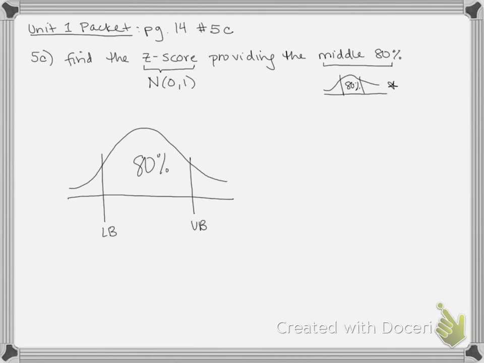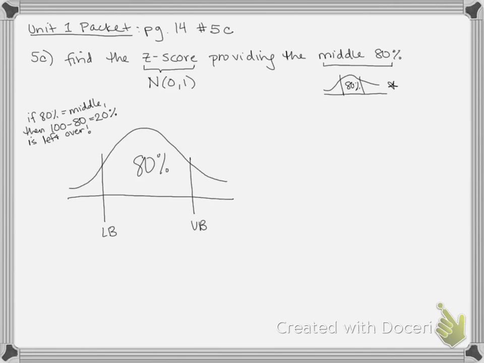So I just want to take a look at this entire picture, and I want you to say, well, if 80% is in the middle, then 100 minus 80, or 20%, is left over. All right, so we've got a 20% chunk that we've got to deal with.